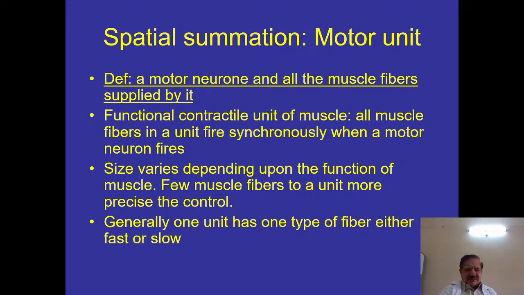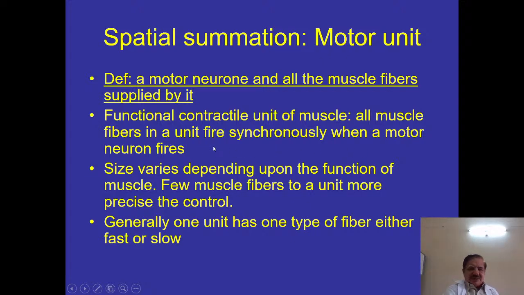Whatever is necessary comes from the cerebral cortex down to the spinal cord. From the ventral horn of the spinal cord, it goes to the muscle fiber as a motor neuron. Up to the fiber it goes, and that is called a motor unit. The functional contractile unit of the muscle is the motor unit.